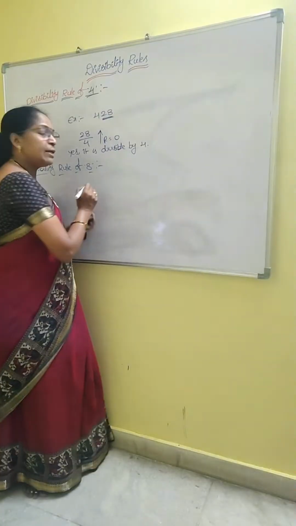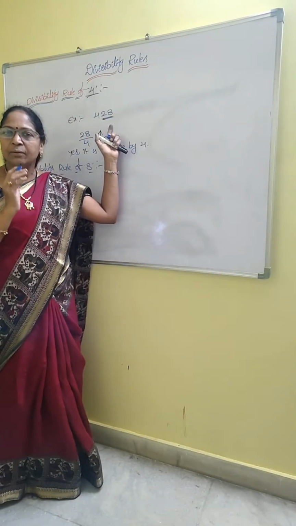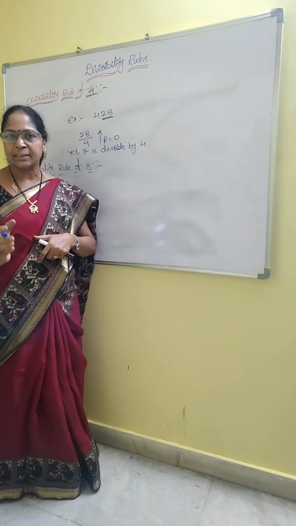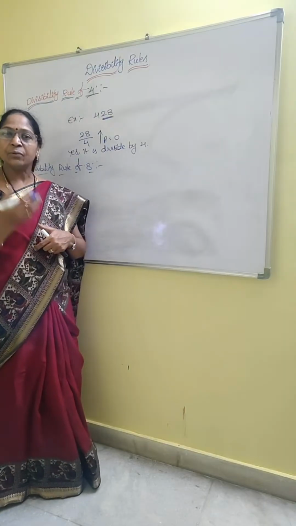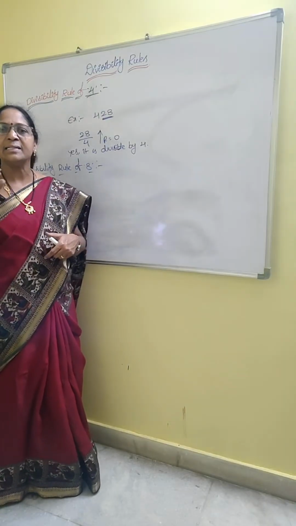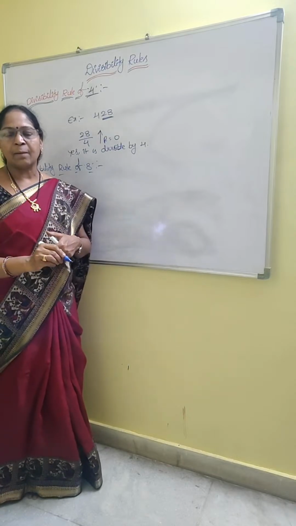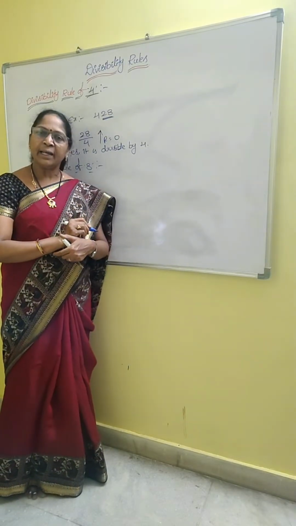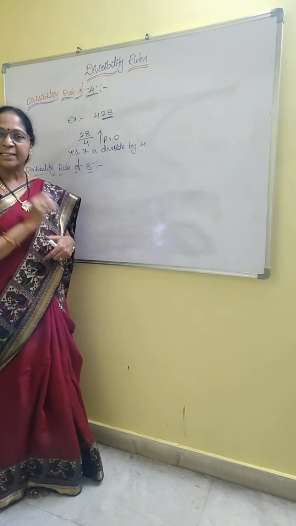What is the divisibility rule of 8? In the rule of 4, you consider the last two digits of the number. But in the divisibility rule of 8, we have to consider the last three digits of the number. If the last three digits of the number are divisible by 8, then only the given number is divisible by 8. That is the rule.